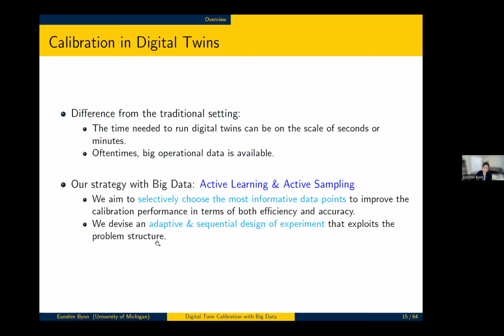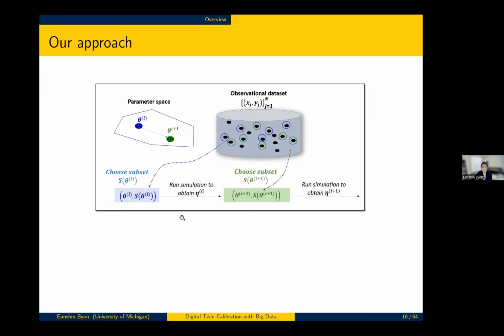To this end, we devise an adaptive and sequential design of experiments that exploits the problem structure. Just to give some idea, let's say this is the parameter space we need to explore, and this is the operational data set from the physical process. For example, we have data from a wind farm, where in each data point X is the weather condition and Y is wind power generation. So we have N data points.